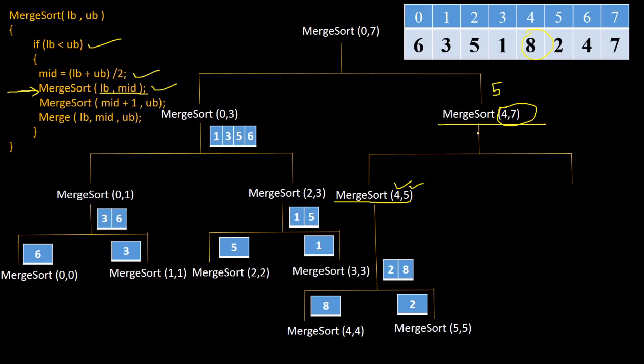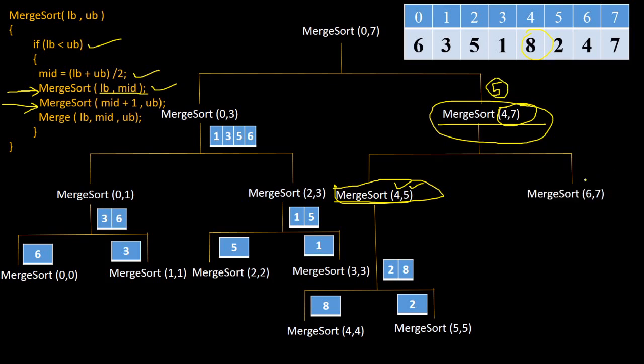Now this function is already completed, so it will go to the next line, that is merge sort mid plus 1 comma UB. In this case the mid was 5, so 5 plus 1 is 6, hence it is 6 comma 7.